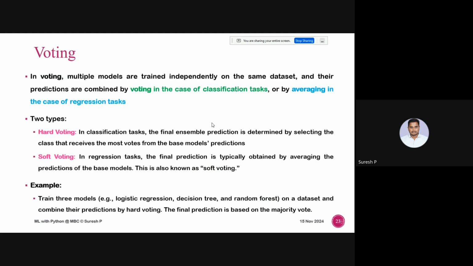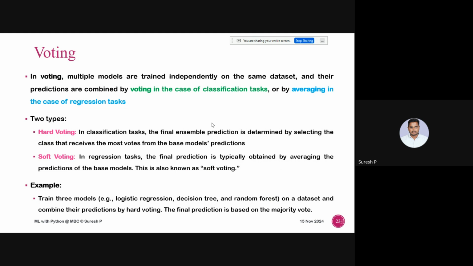For example, if you take a classification algorithm, we give the same data set. We allow the naive Bayes algorithm to learn from that, the decision tree algorithm, the KNN algorithm, and SVM. The data set is the same, and we provide multiple different models. All the models are classification models, and all will be trained independently.